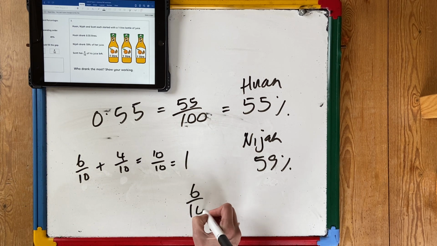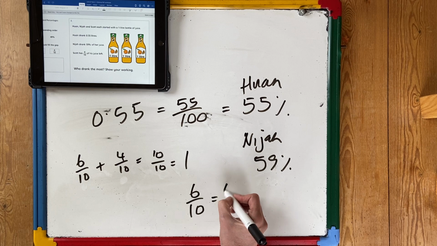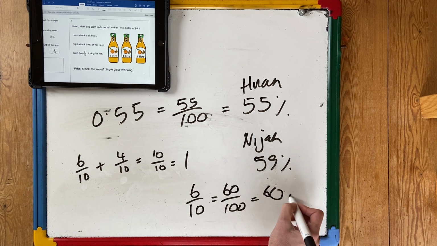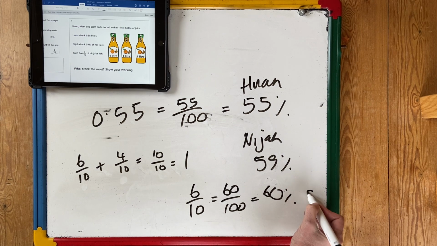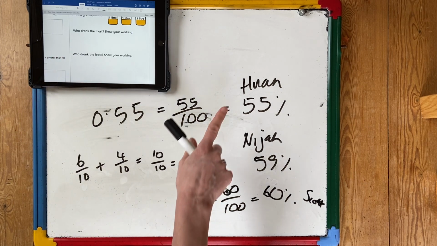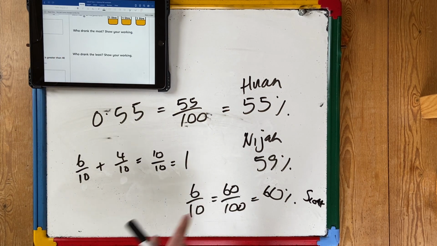So 6 tenths is the equivalent of 60 hundredths, which is the equivalent of 60%. So that is Scott. So the question is, who drank the most and who drank the least? Show your workings out. Well done, everybody.